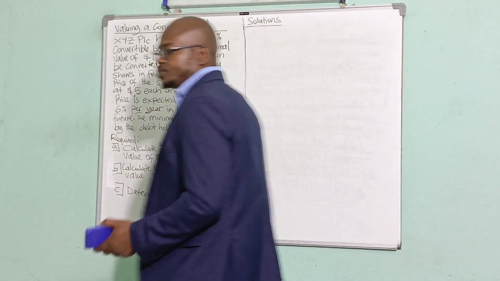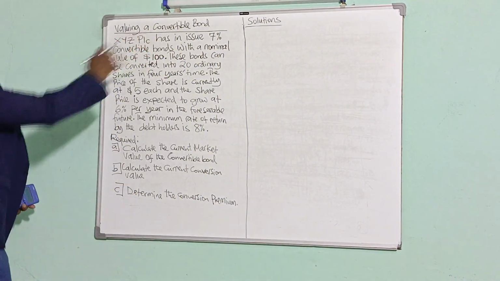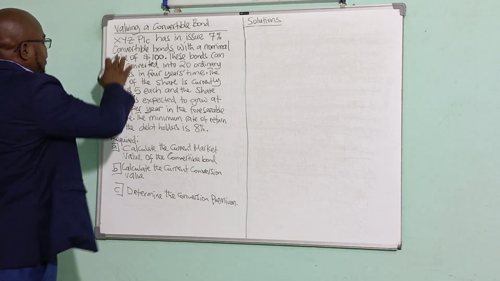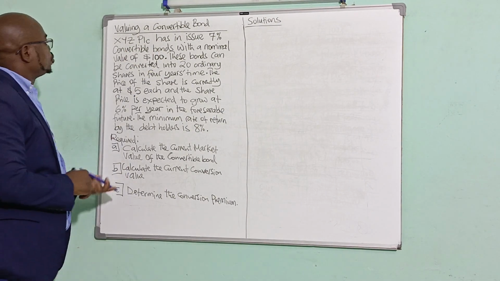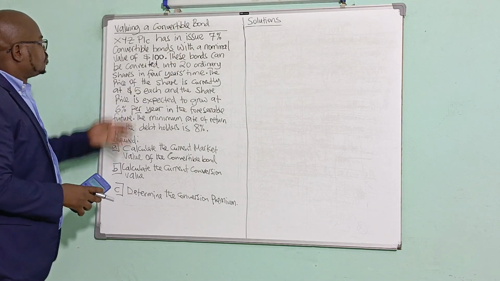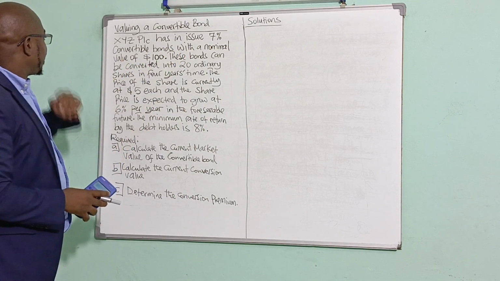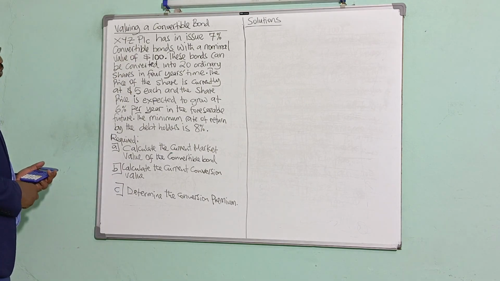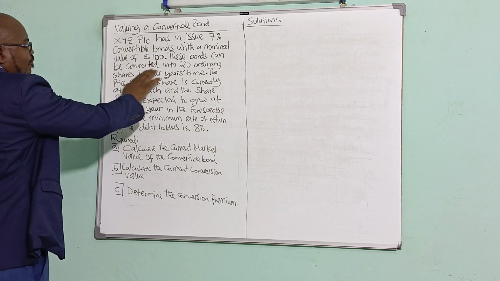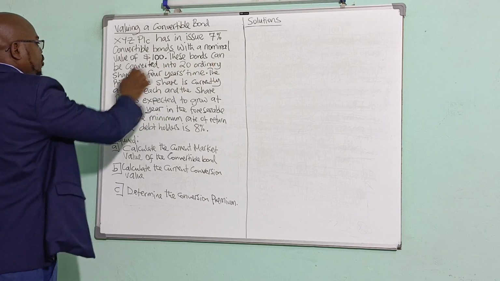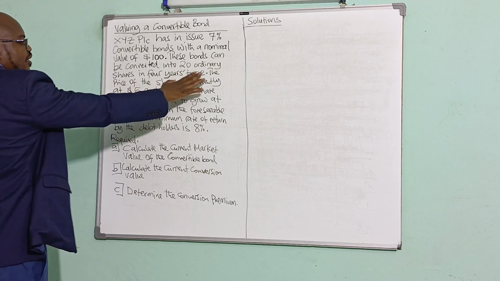All right. So valuing a convertible bond. XYZ PLC has in issue 7% convertible bonds with a nominal value of $100. These bonds can be converted into 20 ordinary shares in 4 years' time.